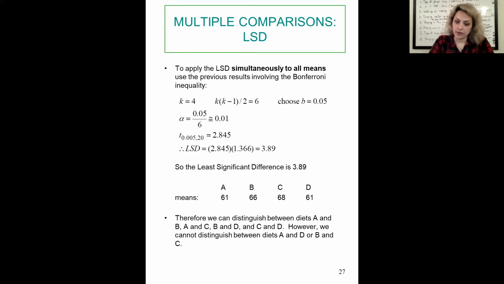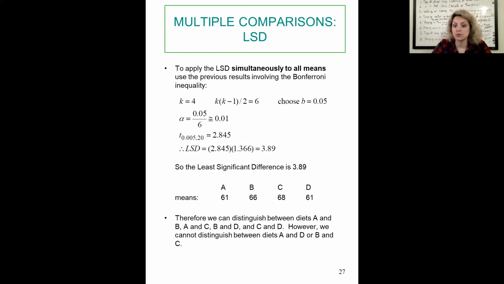Taking the absolute value, the difference between B and A is 66 minus 61, which is 5. So 5 is greater than the LSD number, so the difference between diet A and B is significant.